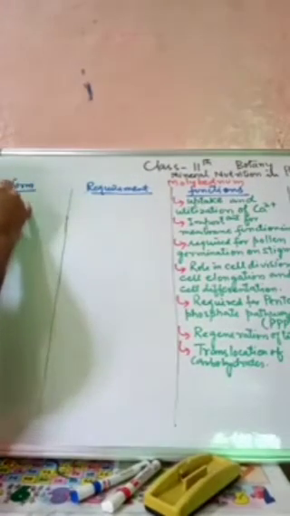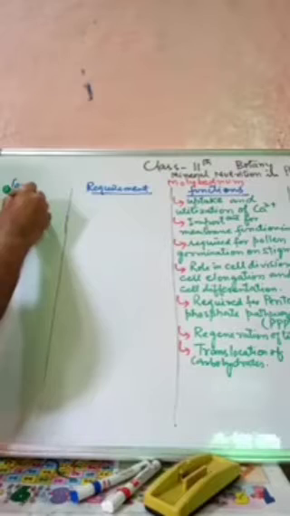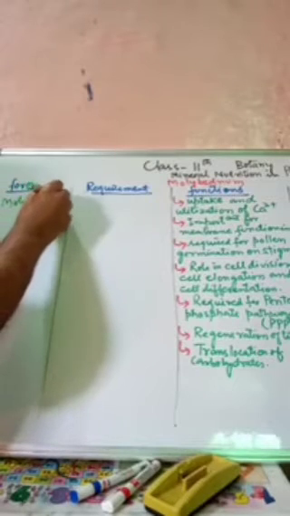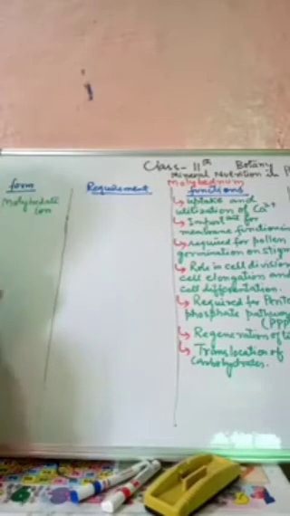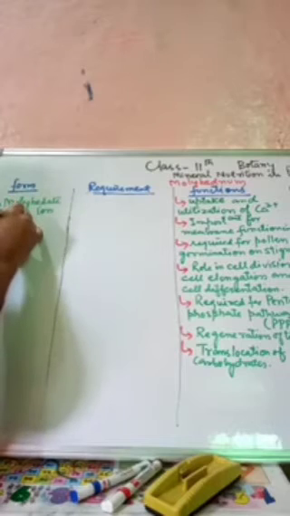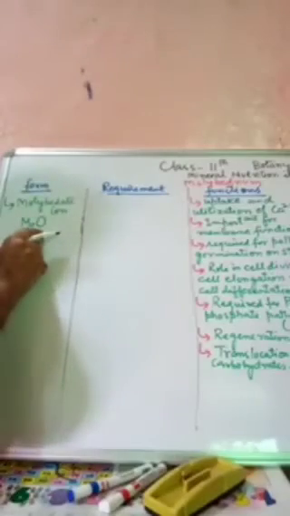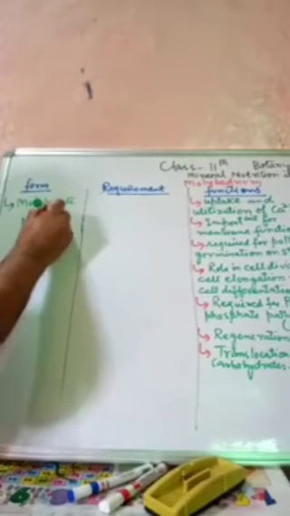It is absorbed in the form of the molybdate ion. Molybdate ion. Its symbol is Mo, and this is the oxygen O. Molybdate ion, 2 positive. It is divalent.